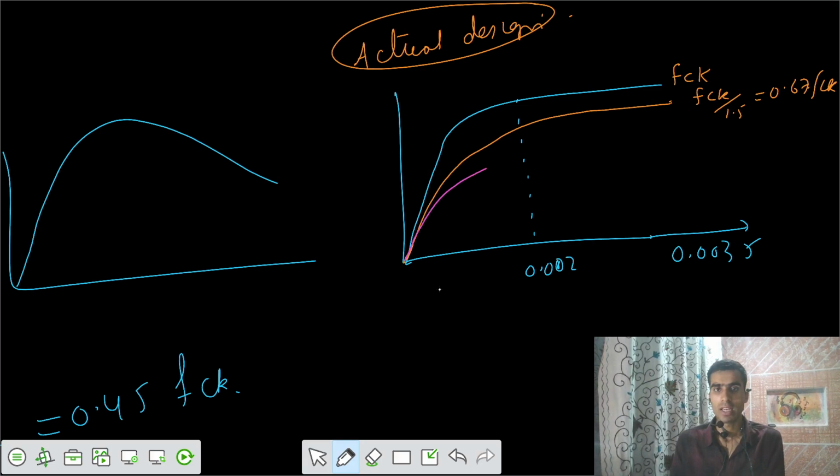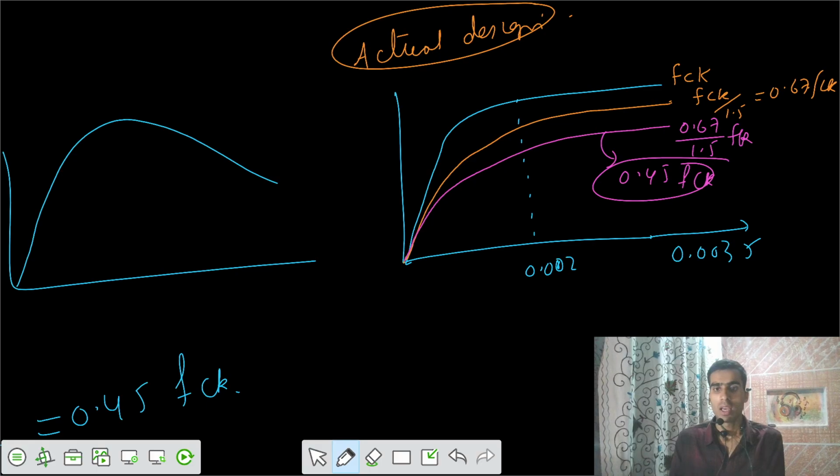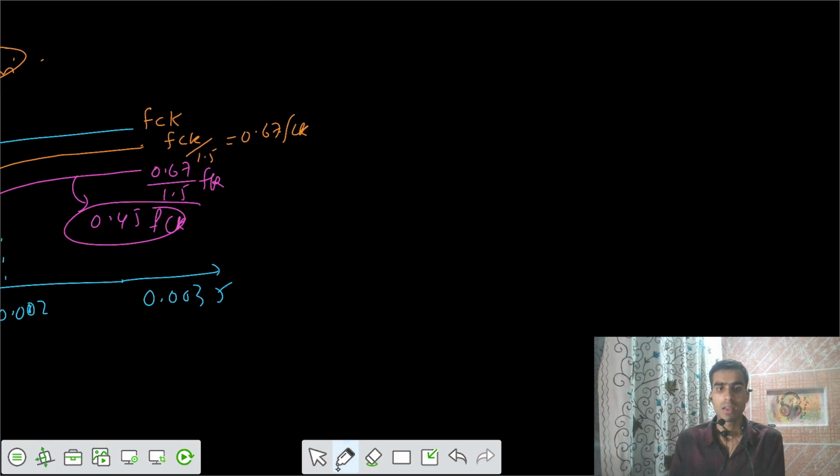So finally your diagram is in this fashion, such that your value here is 0.67 divided by 1.5 FCK, such that finally this value equals 0.45 FCK. That means your final diagram for the stress block would be in this fashion.